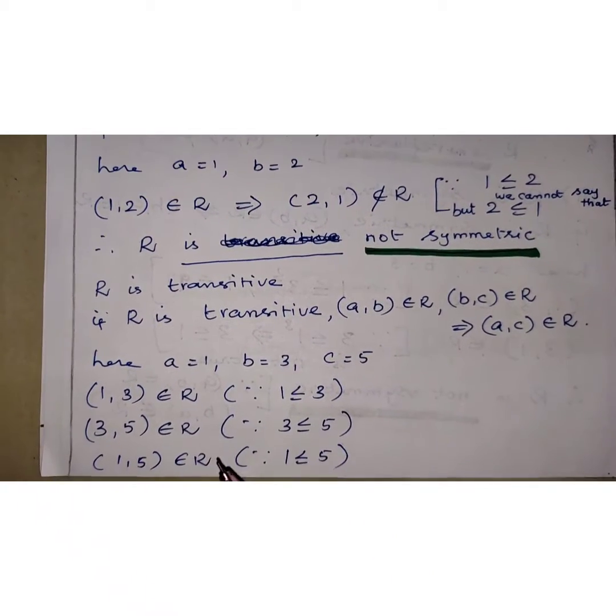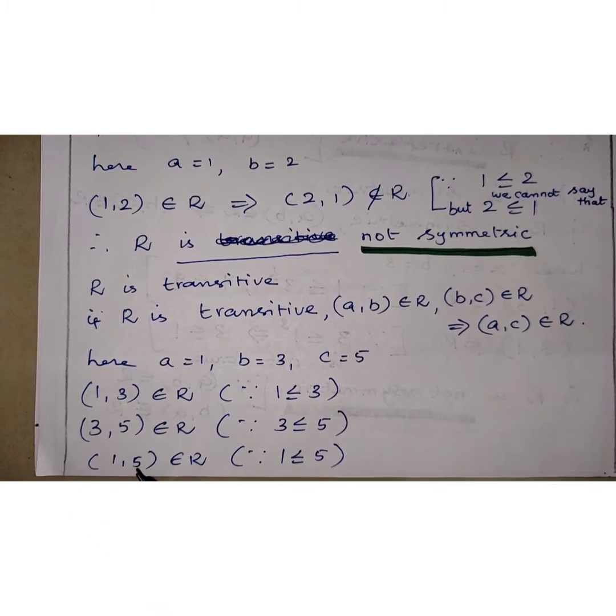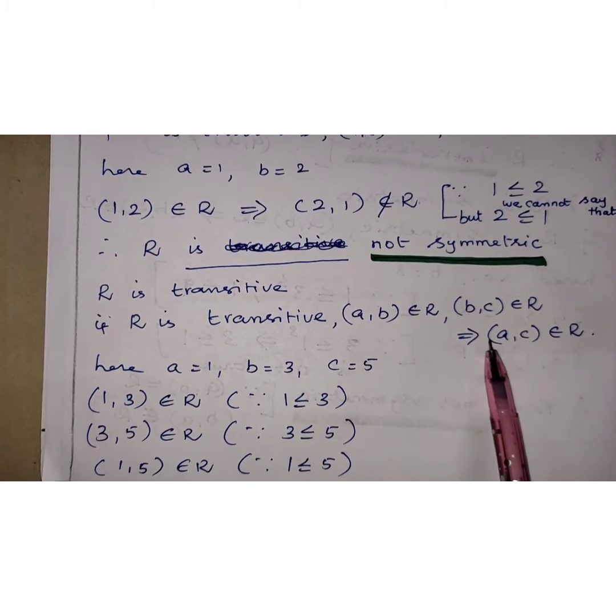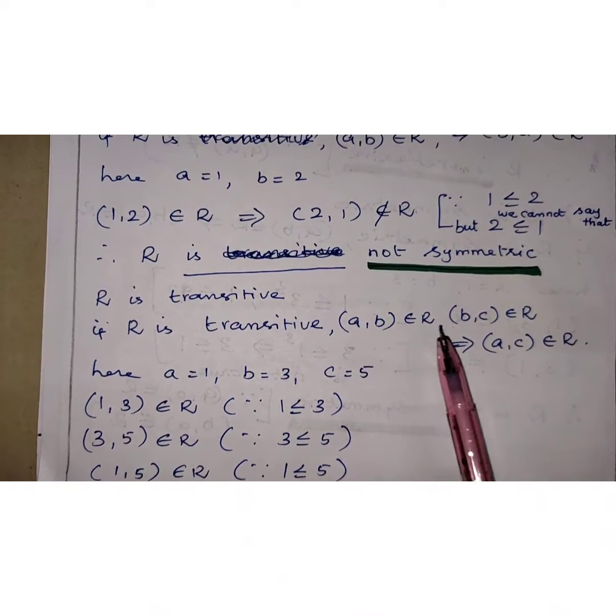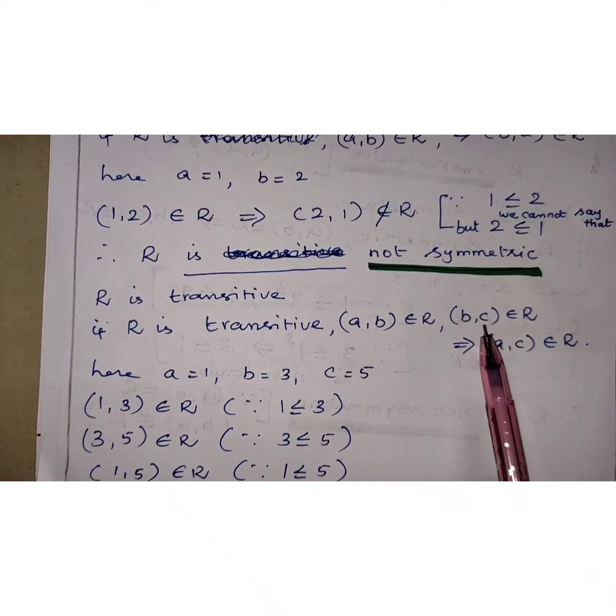Therefore the third one, (1, 5), that is (a, c): the first element from the first pair, the second element from the second pair.